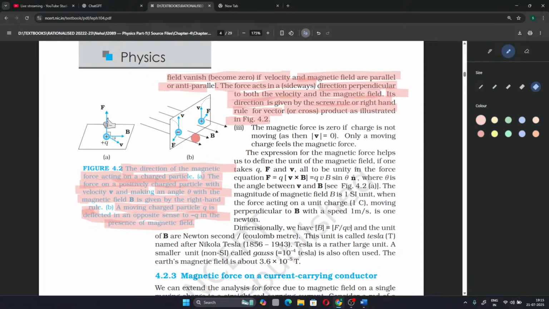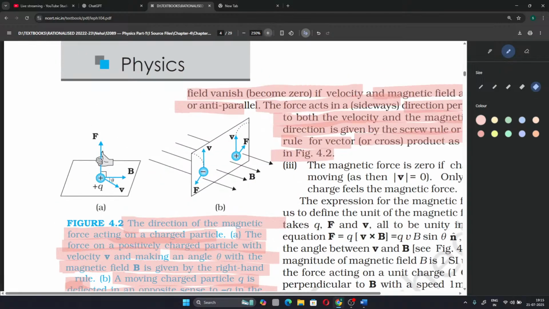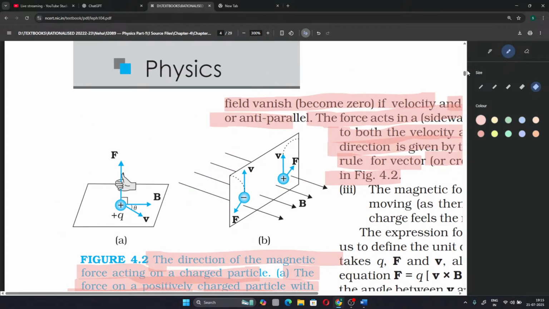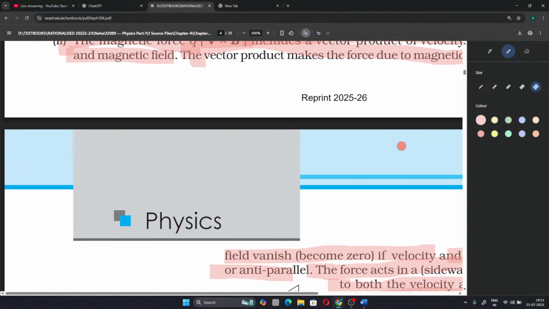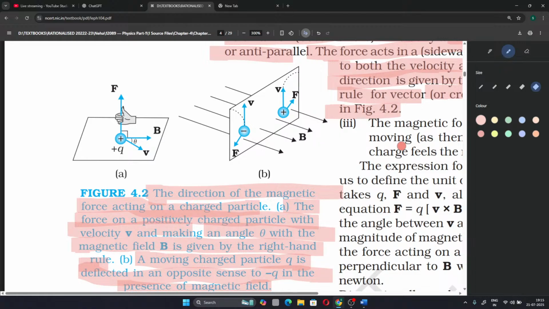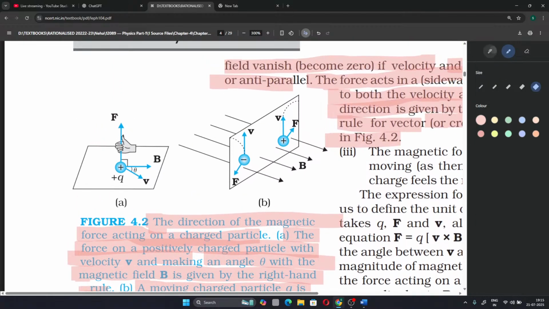Okay, the first diagram is a moving charge. This is a charge plus Q, and this is theta, the angle between the velocity and the direction of the magnetic field.